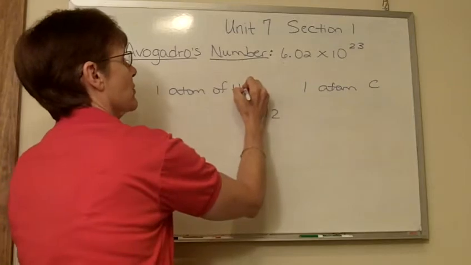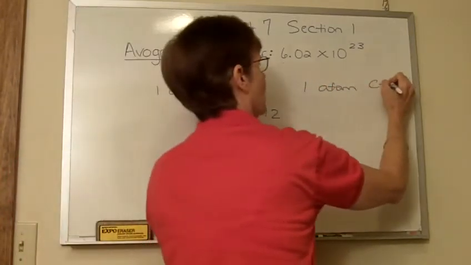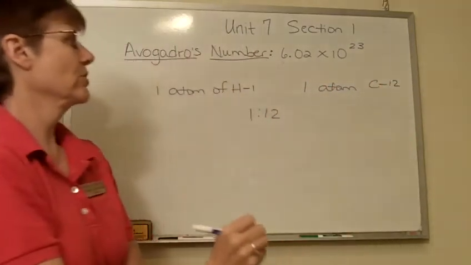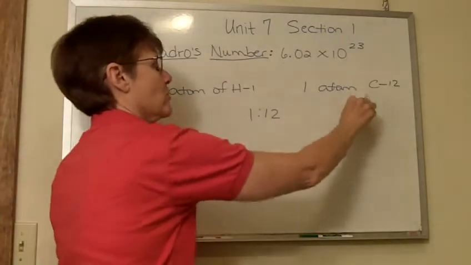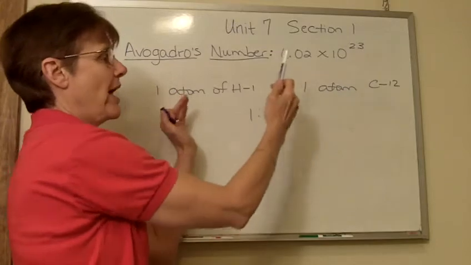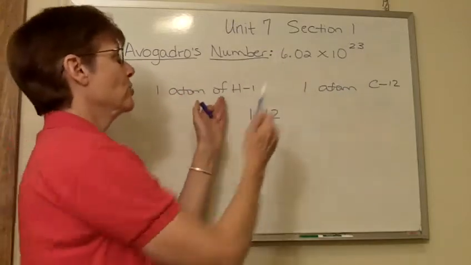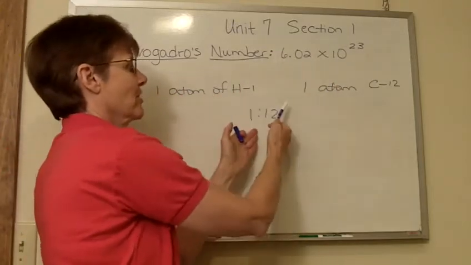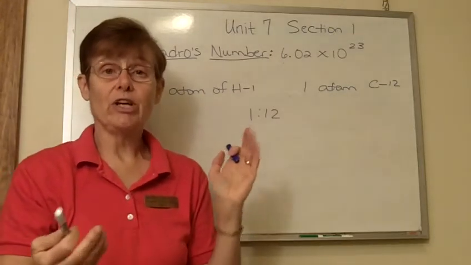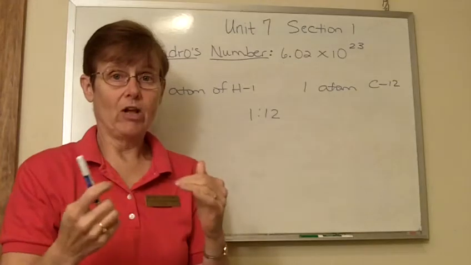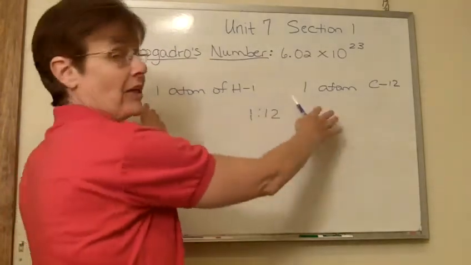Here, we'll do this. Hydrogen 1, carbon 12. That way the numbers are up here for us to look at. So this has a mass of 1, this has a mass of 12. If I use 2 atoms, it will be a 2 to 24 ratio, which still reduces to 1 to 12. Now, hopefully you are familiar enough with ratios to be able to follow my logic when I say it doesn't matter how many atoms I have.